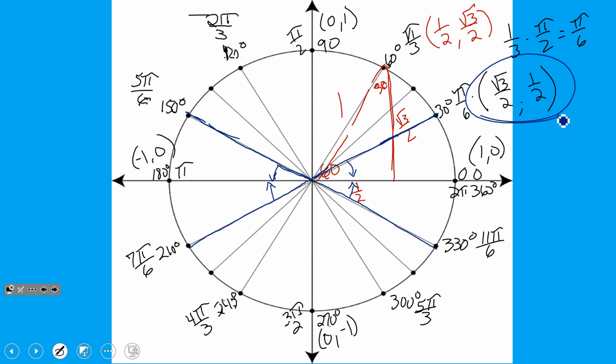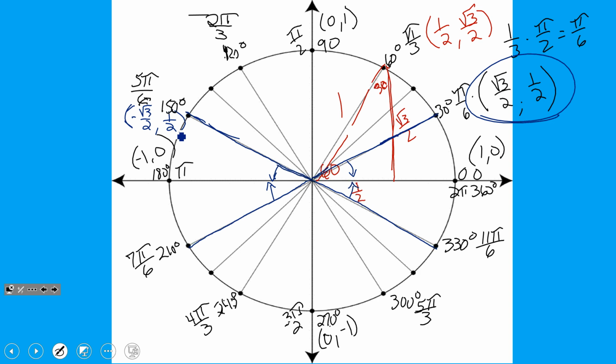So over on the 150 side, what would the coordinates be? If we know on the quadrant 1 side, it's square root of 3 over 2 comma 1/2, over here it would be negative square root of 3 over 2 and positive 1/2. Okay?